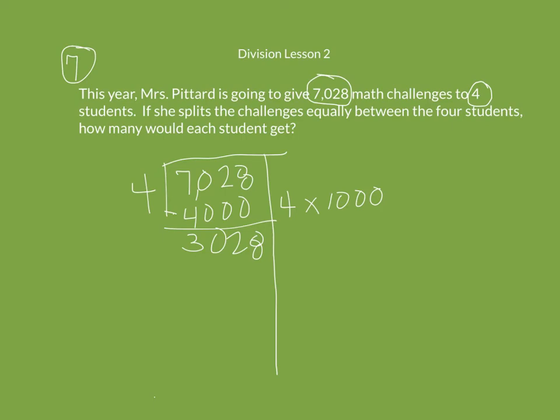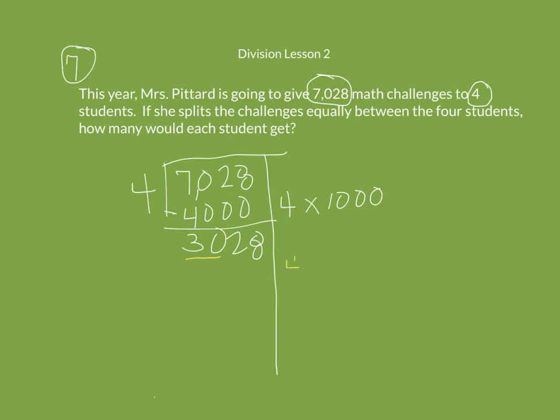So I can't give each student another 1,000. So I'll look at these 2 digits together as 30 hundreds. What multiple of 4 is close to 30? Well, I think I did this a few minutes ago and found out it was 28. So it would be 2,800.